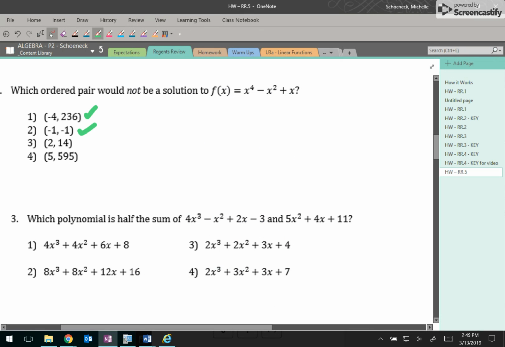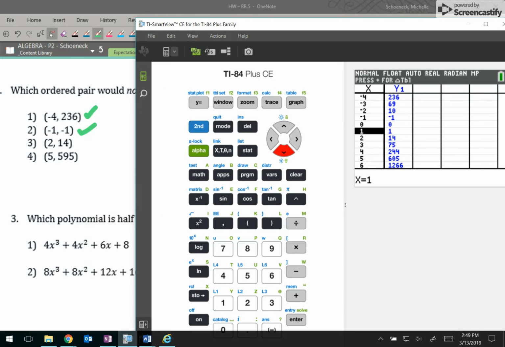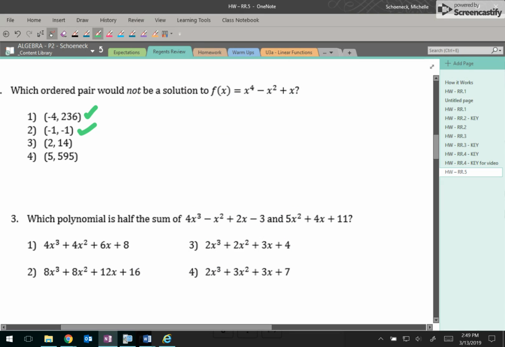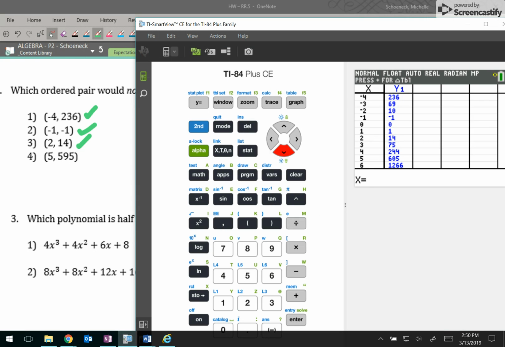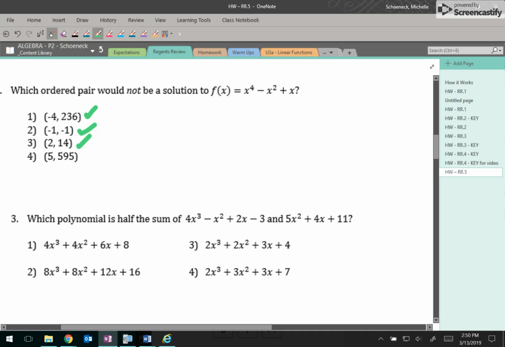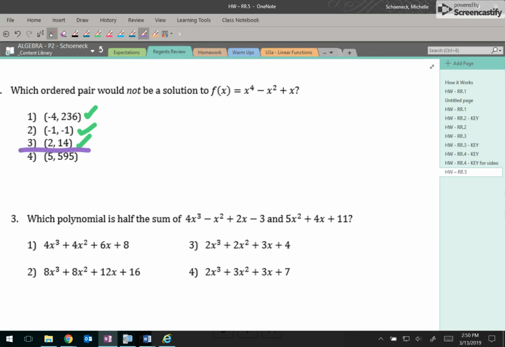That works. When x is 2, my y value is 14. That one works. And finally, when x is 5, my y value is 605. This one does not have that, so this one is the correct answer for not a solution.